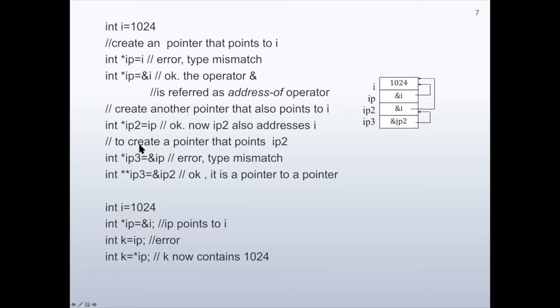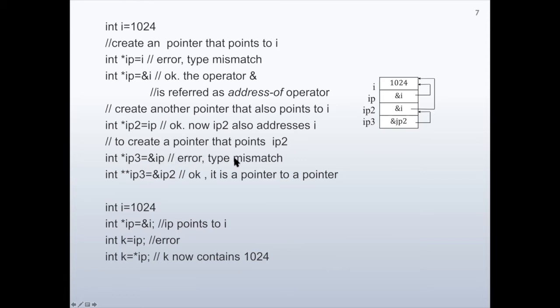Now we want to create a pointer that points to ip2. ip2 is a pointer, and we want to create another pointer which points to a pointer. In that case, if we write int *ip3 loaded with the address of ip2, this results in an error.